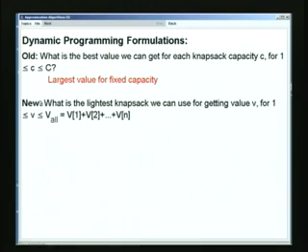The new way of looking at this problem is to ask a different question. The question which we are going to ask is, what is the lightest knapsack, and by that I mean what is the smallest capacity knapsack which we can use for getting some value v? And we will do this for all values of this little v in the range 1 through V_all.